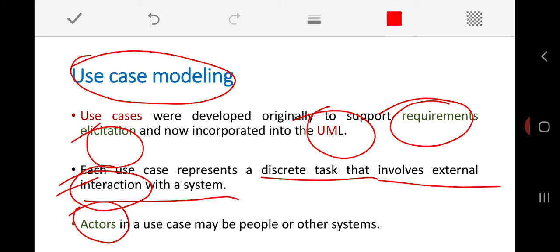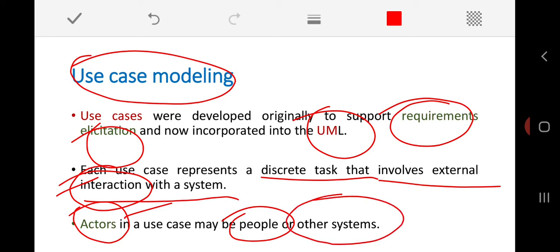Under any particular interaction, who are the actors involved? The actors are either people or end users, or they may be another system itself. So they act as the actors, and between two actors something is going on, that is nothing but a kind of interaction.